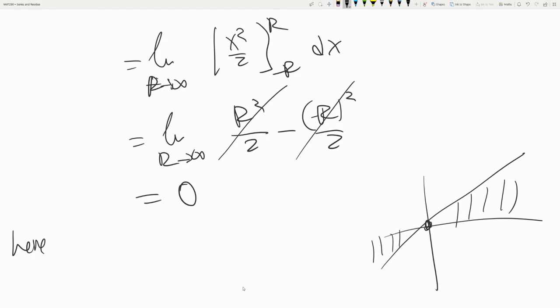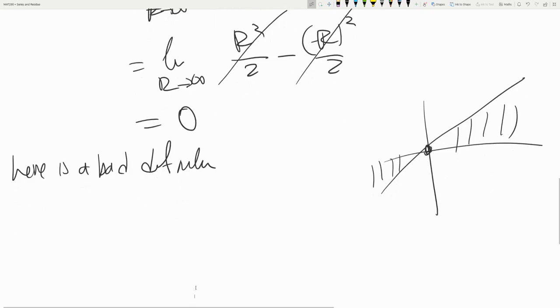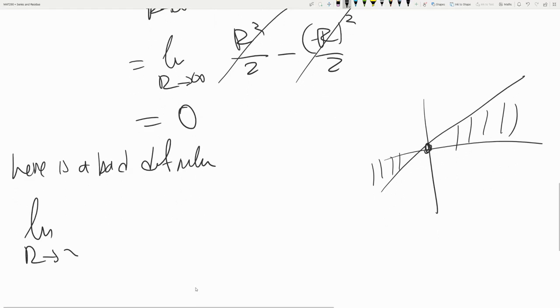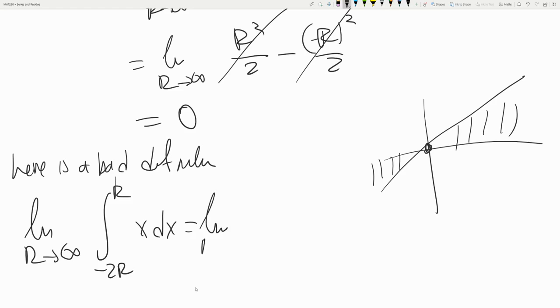So here's a bad definition: the limit as R goes to infinity, but let's say I take, I don't know, minus 2R and R, like asymmetric. Well, in that case, what do I have? I have R squared over 2 as before, but then I get 4R squared over 2.